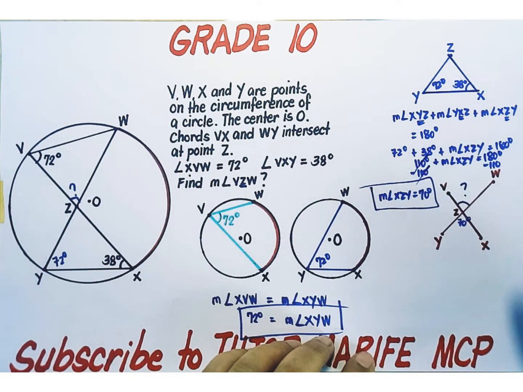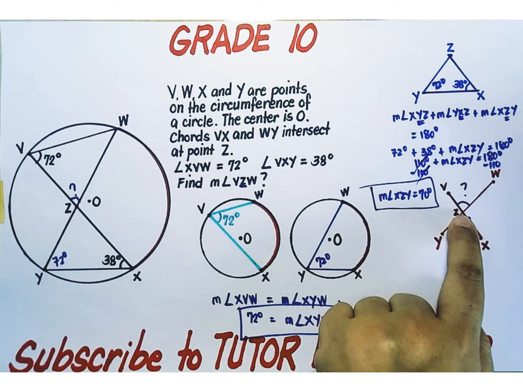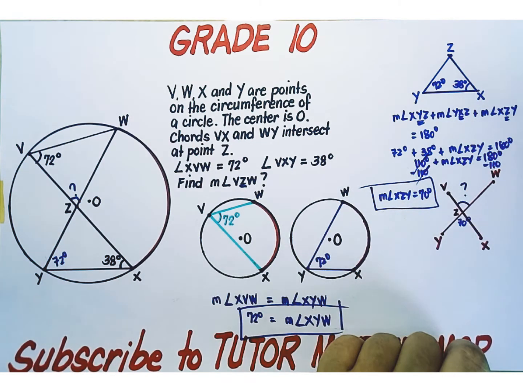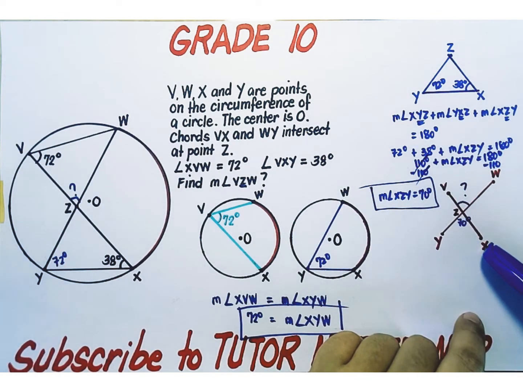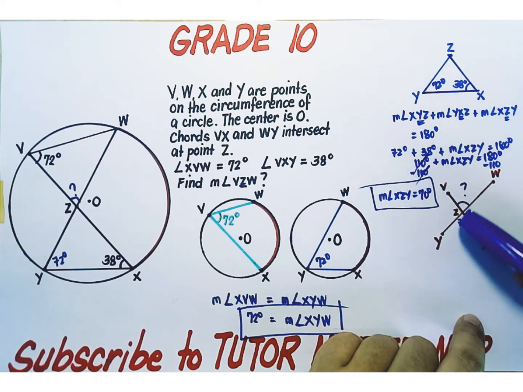Remember that when two chords cross each other, they form two pairs of vertical angles. What are vertical angles? Vertical angles are opposite angles that share the same vertex. In this figure, angle XZY and angle VZW are vertical angles.